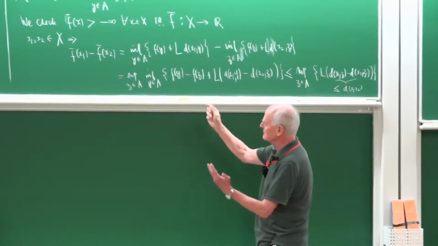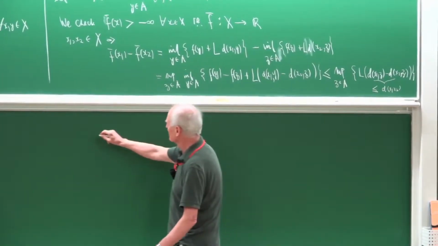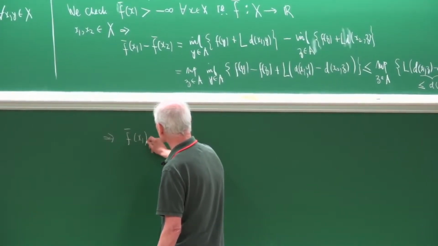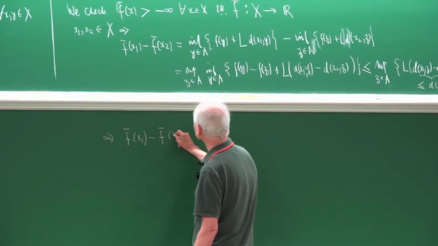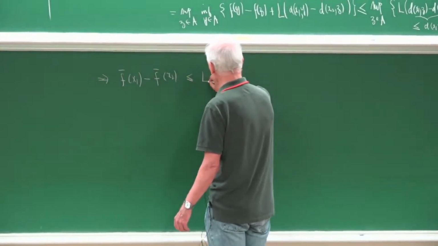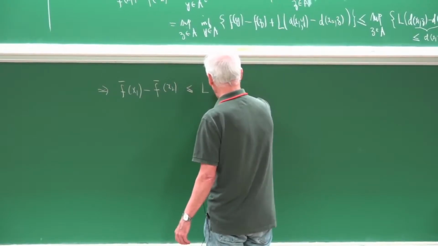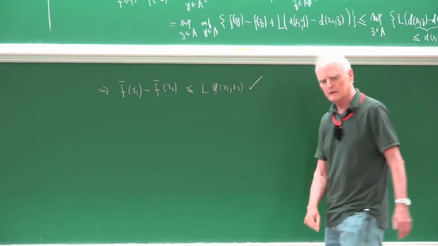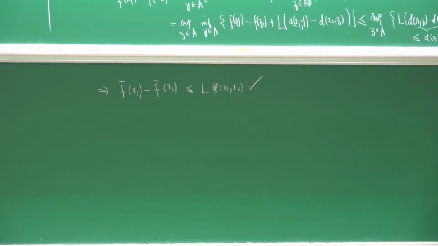So that's it. So f bar x1 minus f bar x2 is less than or equal to L times d(x1, x2). So that's great. That's f bar really is a Lipschitz function.